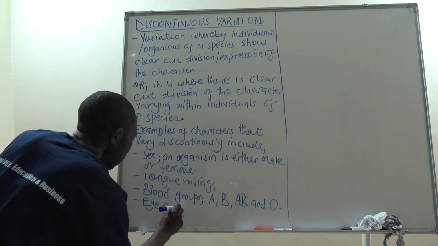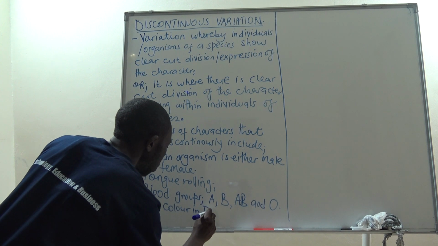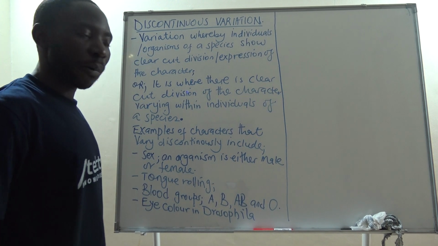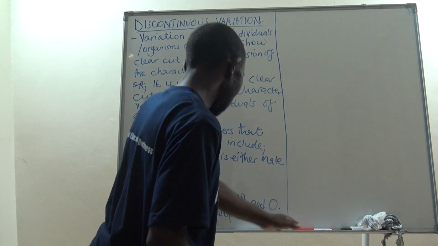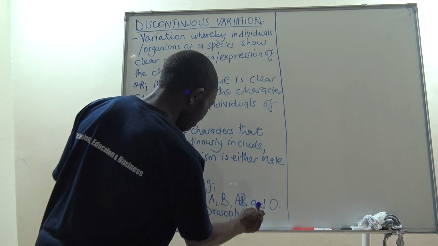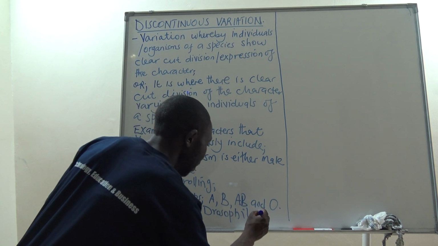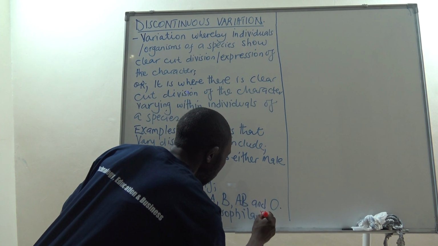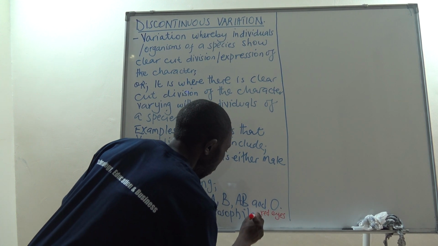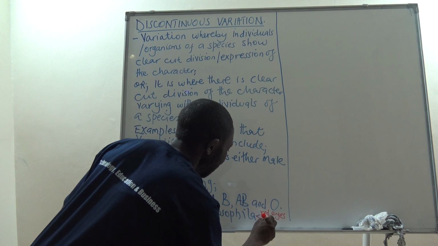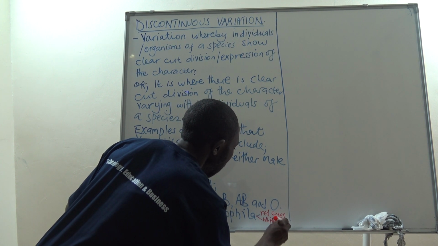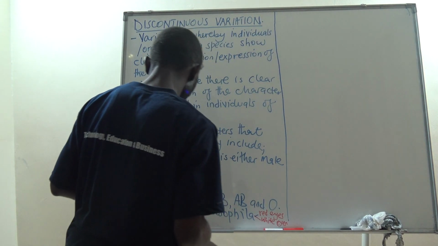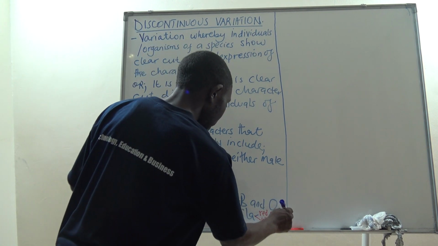Eye color in Drosophila melanogaster, or the fruit fly, whereby some of the fruit flies have red eyes, whereas others have white eyes.